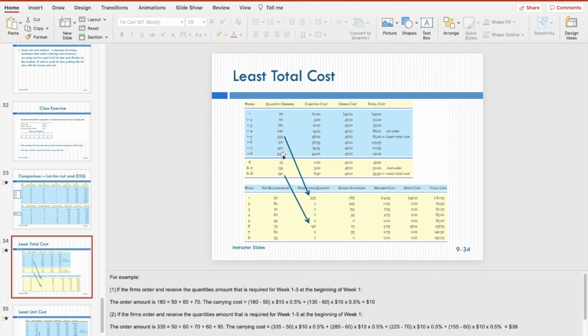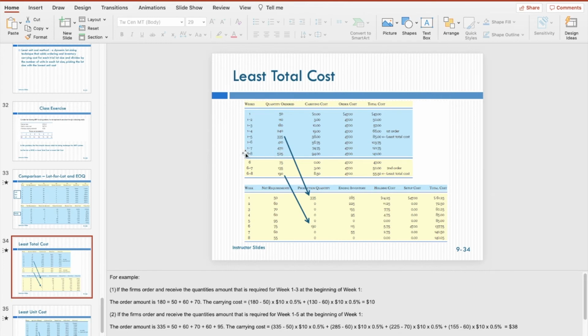Basically, at the beginning of week 1, should I order for only this week, or the following 2 weeks, 3 weeks, up to 8 weeks? Based on the different decision, the order amount will be different, right? So you see 525, and you can imagine how to get this 525.